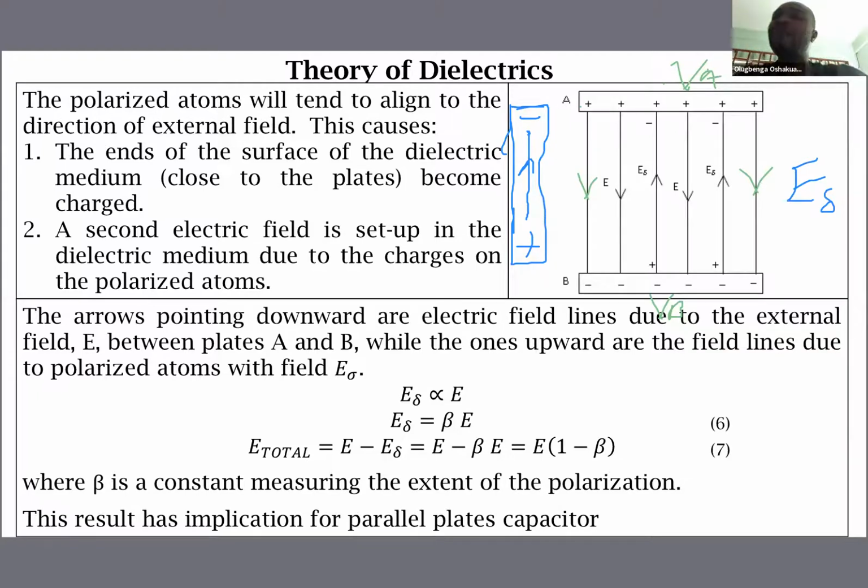So now we are having two fields: field E created by the conducting plates, and field E subscript delta created as a result of the polarization in the dielectric material, the insulator that was put in between the plates.